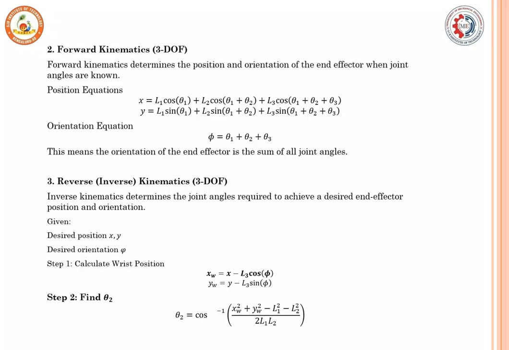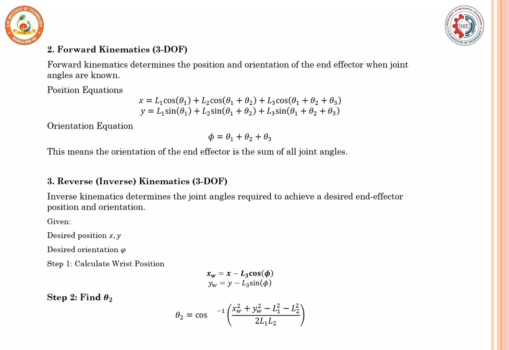That is forward kinematics. If it is inverse kinematics, then the desired position xy and the desired orientation are given, and you are supposed to calculate the angles. Here in the inverse kinematics for the 3 degree of freedom, the wrist position xw, yw is equal to x minus L3 cos phi, y minus L3 sin phi.